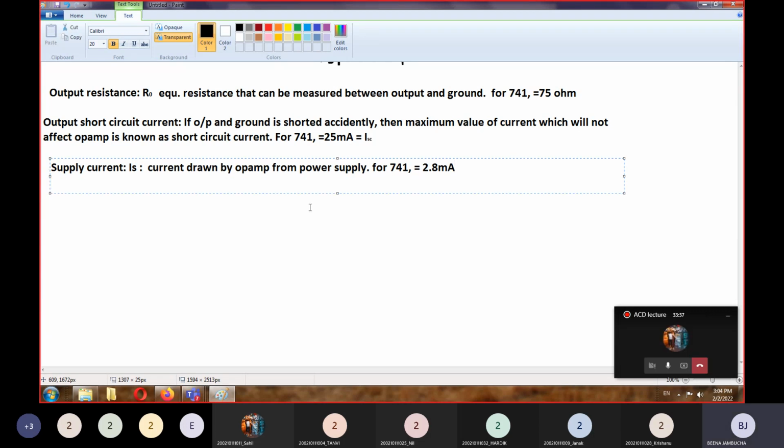The next important term is power consumption. We can also call it PC. You can say this is the amount of the quiescent power that must be consumed by the op amp in order to operate properly.